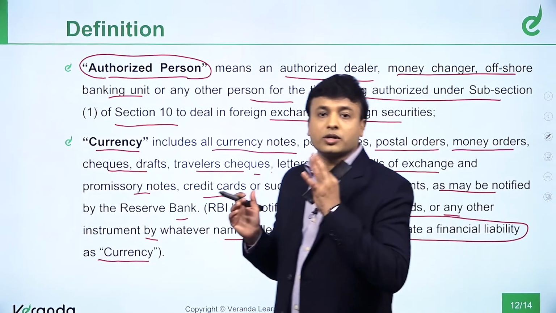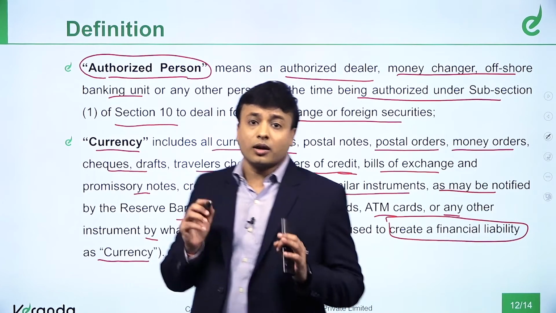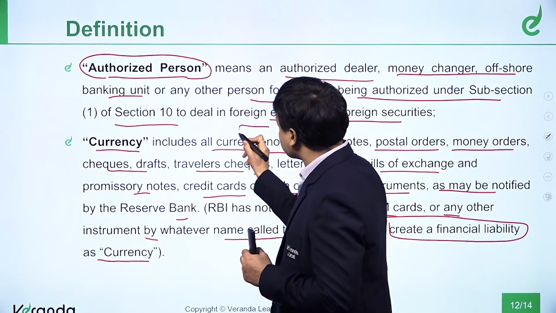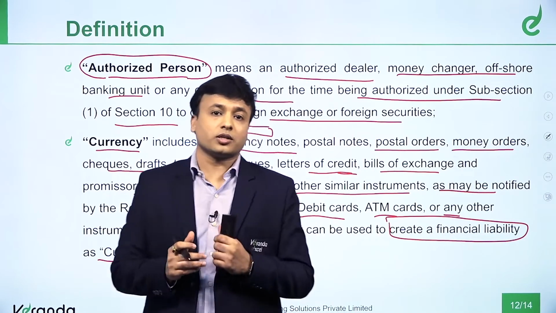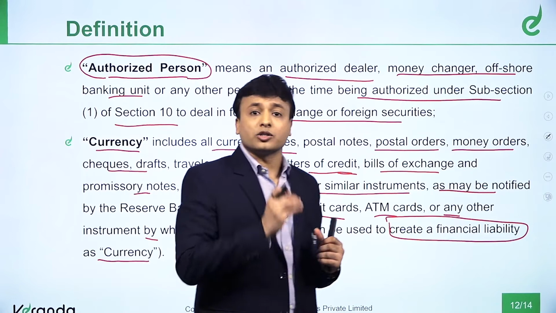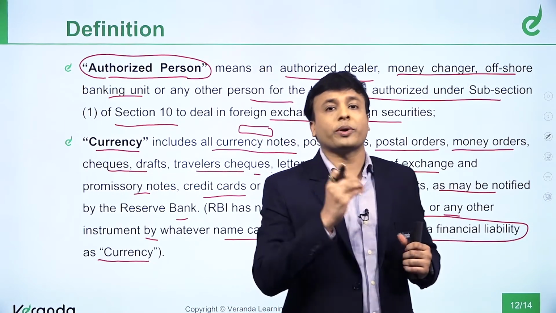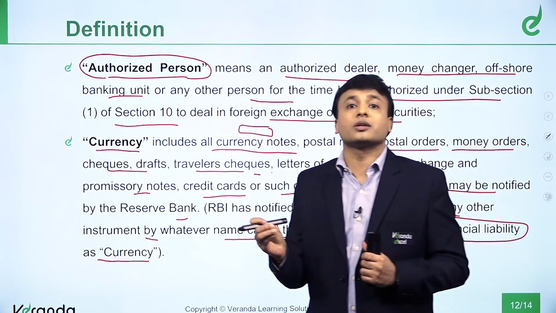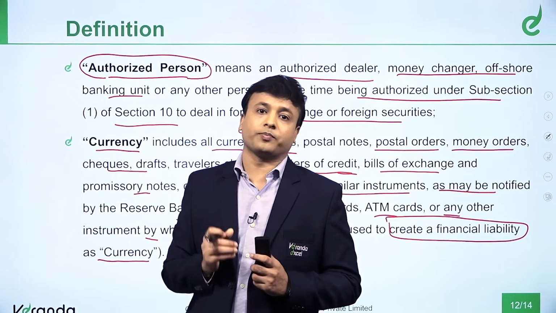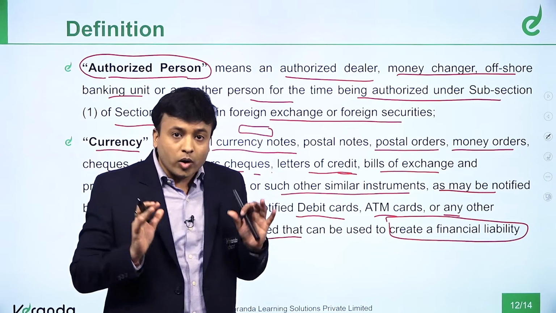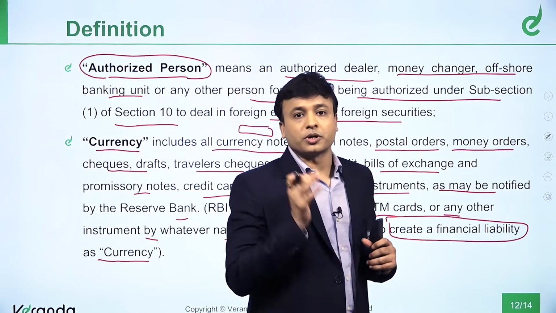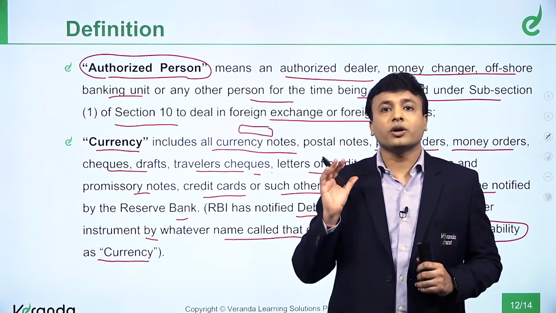Is the concept clear? What is a currency? So currency doesn't mean that only this note is a currency. No, even your debit cards, your credit cards, any instrument which results in creation of a financial liability is a currency. So you have now understood the meaning of an authorized person and then the meaning of a currency.